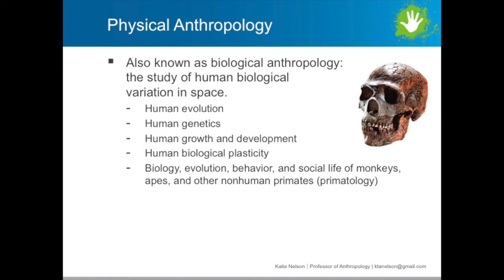It is interested in human evolution, human genetics, human growth and development, human biological plasticity, as well as the biology, evolution, behavior, and social life of monkeys, apes, and other non-human primates. One distinction between biological and cultural anthropology is that biological anthropology is mostly interested in non-cultural elements of what it is to be human.